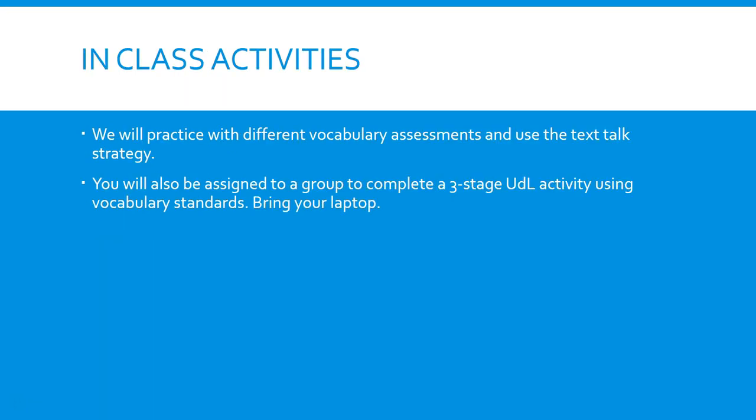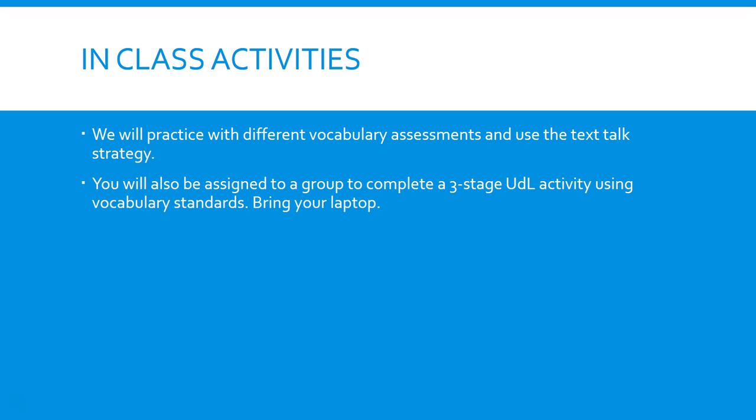On Wednesday we're going to practice with different vocabulary assessments. We're also going to use the text talk strategy and the DISSECT strategy to get practice and get familiar, to try these on and see how they fit.